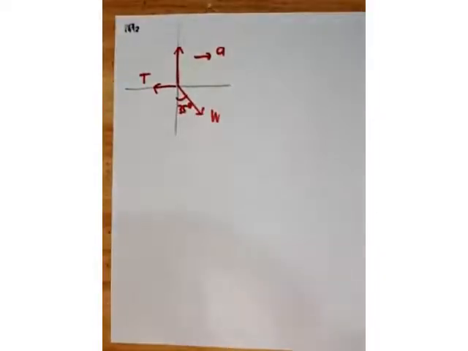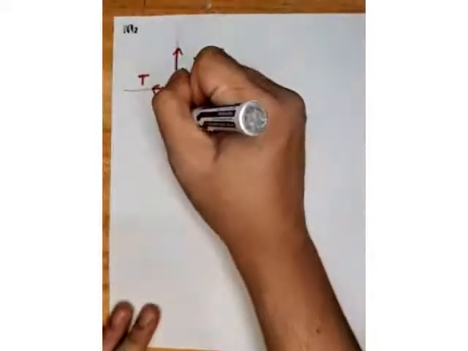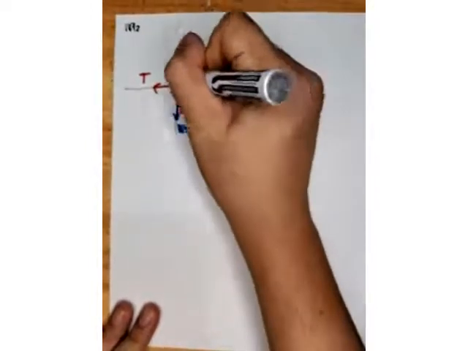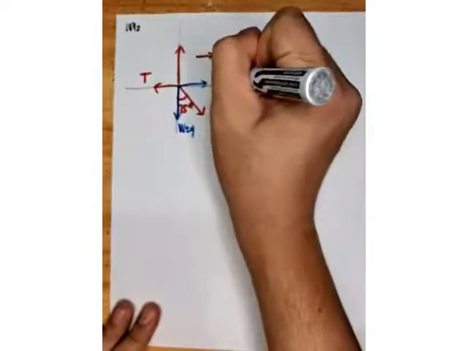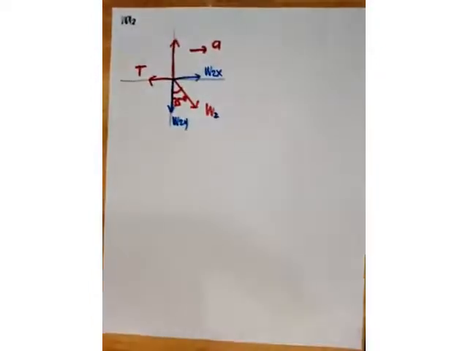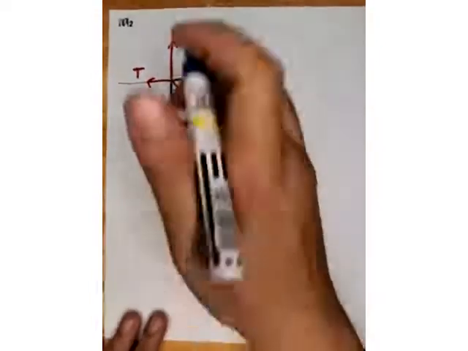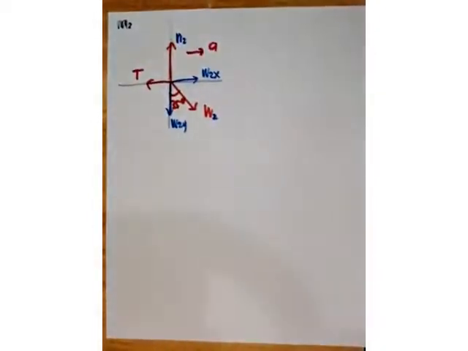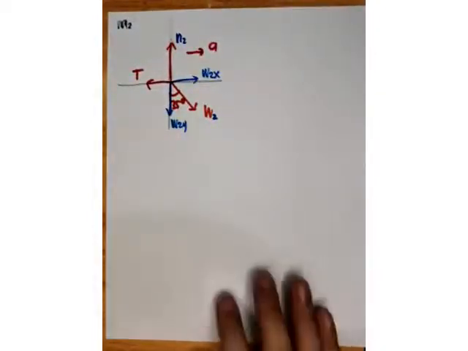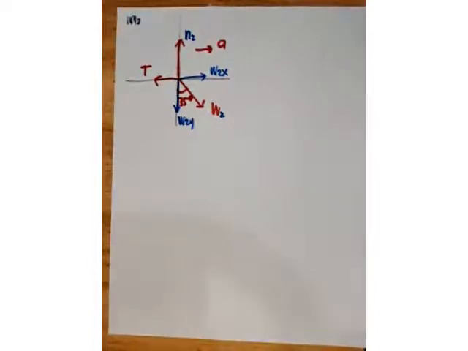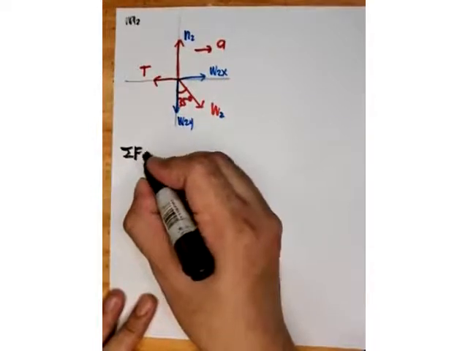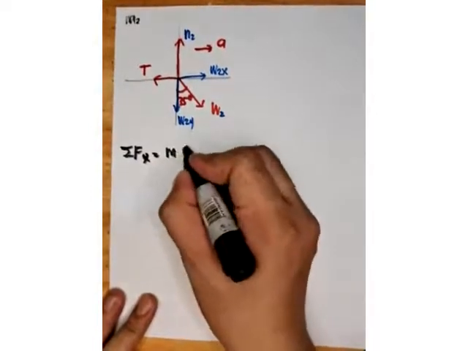Okay? Next, since meron tayong component for y, this is w2. So w2y and w2x. Ayan. And again, since frictionless ito, we don't need yung normal 2. Kasi wala naman tayong frictional force. So ididiretso na natin siya sa summation of force along x is equal to MAX.